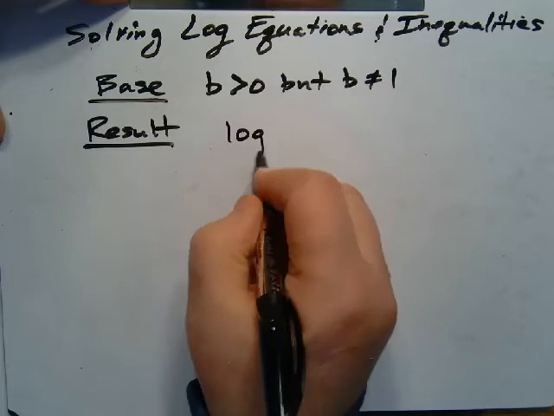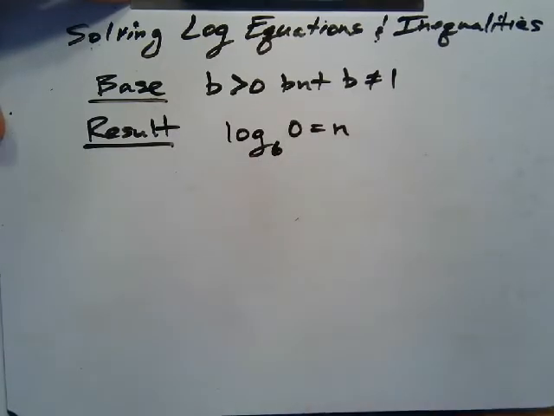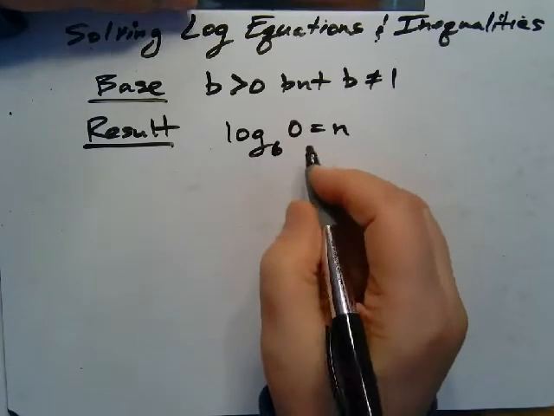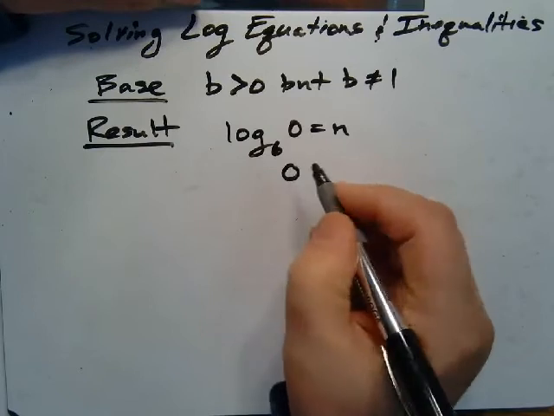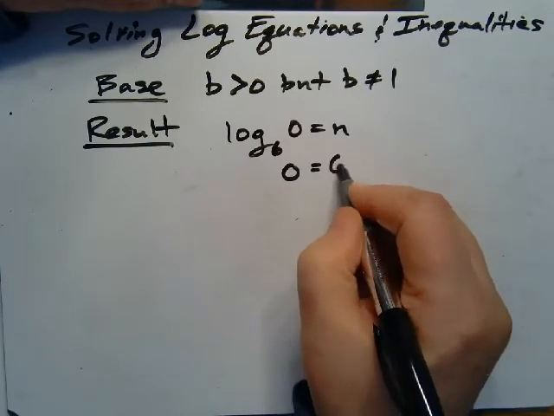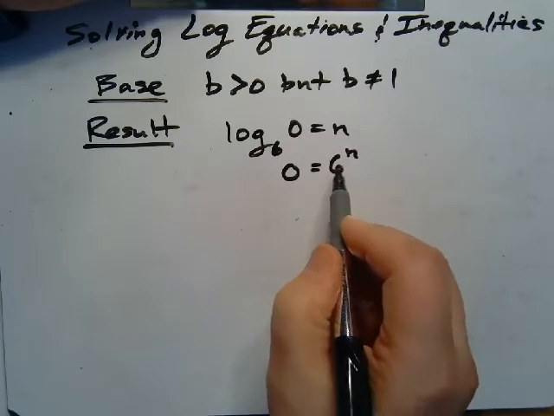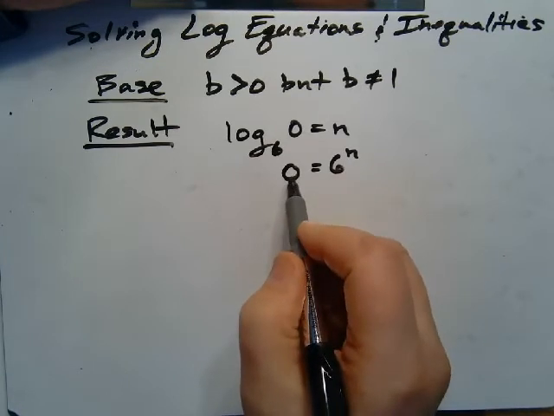So how about log base 6 of 0? Well, what happens here is if we rewrite this in exponential form, bring down the result, and that's equal to the base thrown to the other side, to the exponent, you realize that there's nothing I can raise 6 to that will ever get me 0.